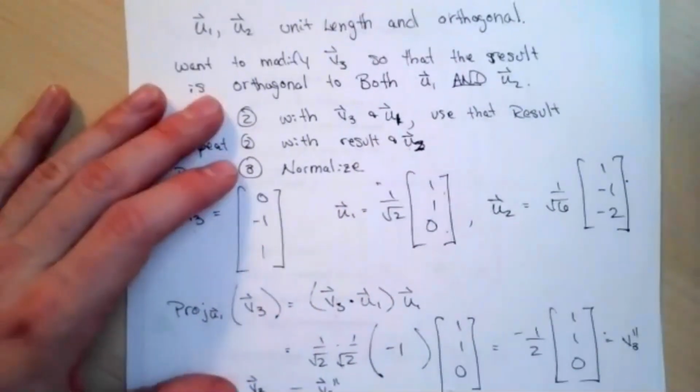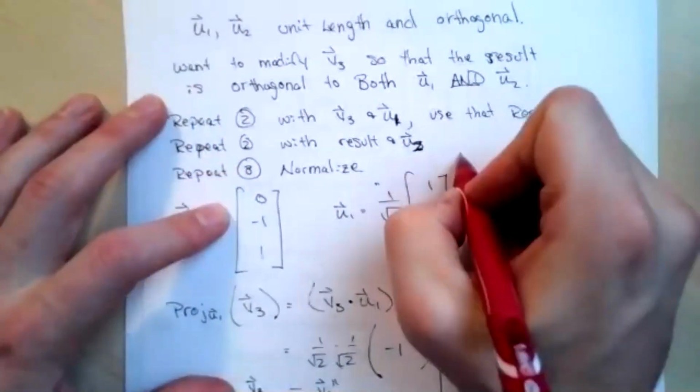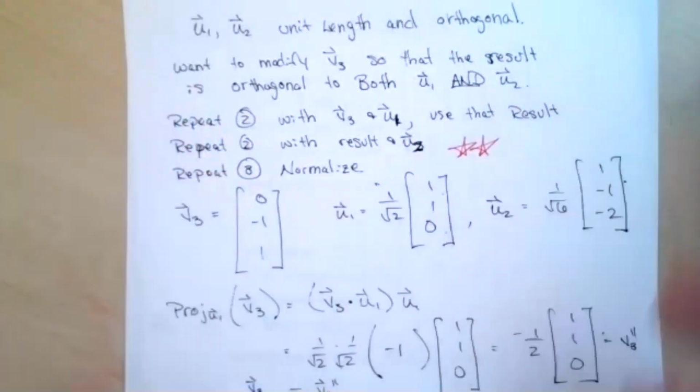So let's put a double star here, just for an alternate method. And this might be a little quicker, might not.